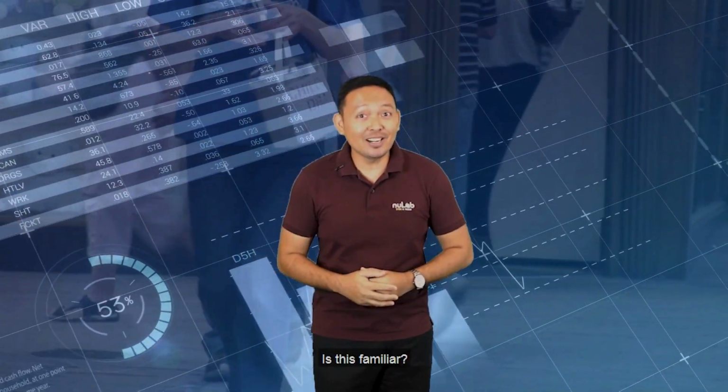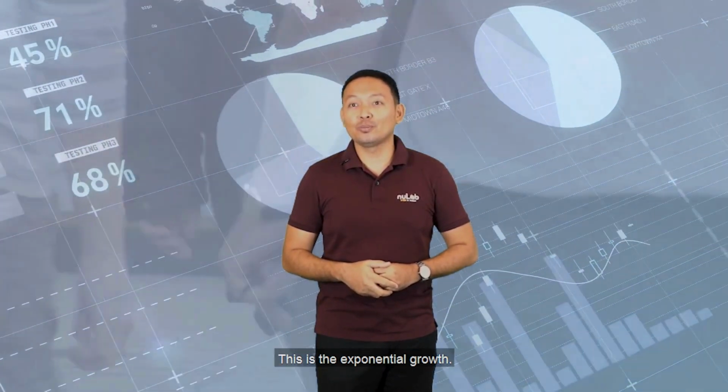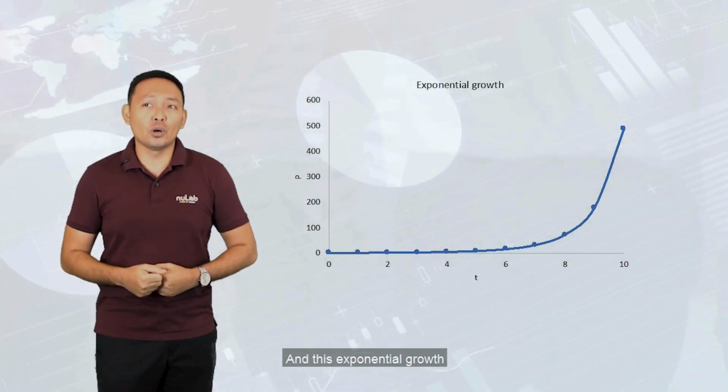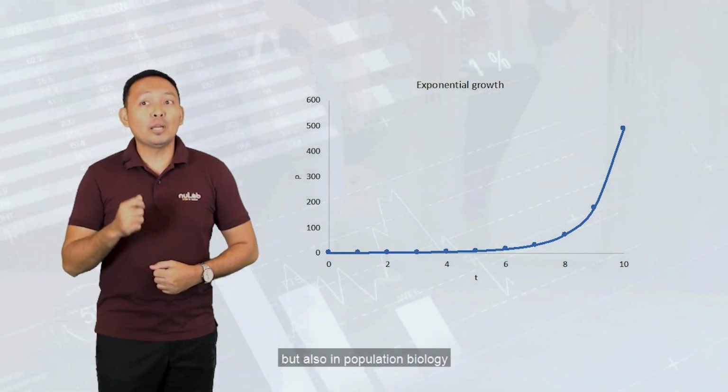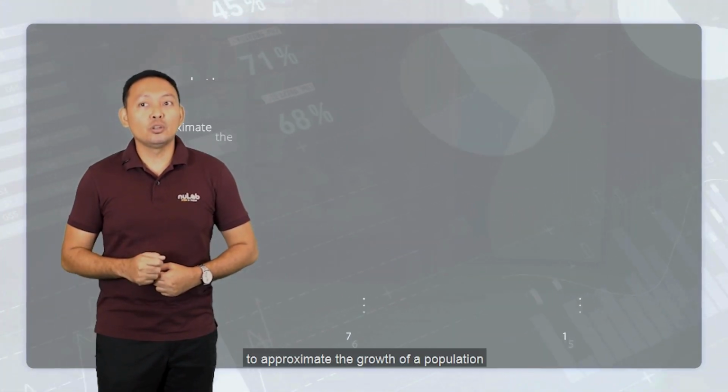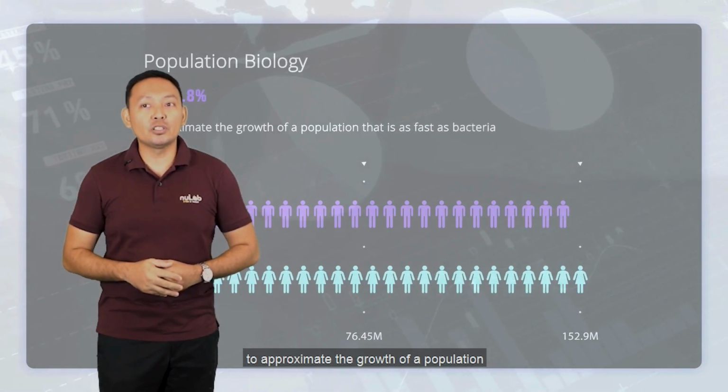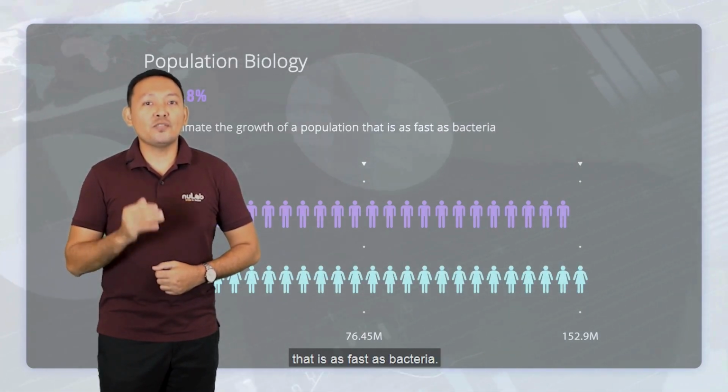Is this familiar? Yes, this is the exponential growth. And this exponential growth can be used not just for continuous compounding, but also in population biology to approximate the growth of a population that is as fast as bacteria.